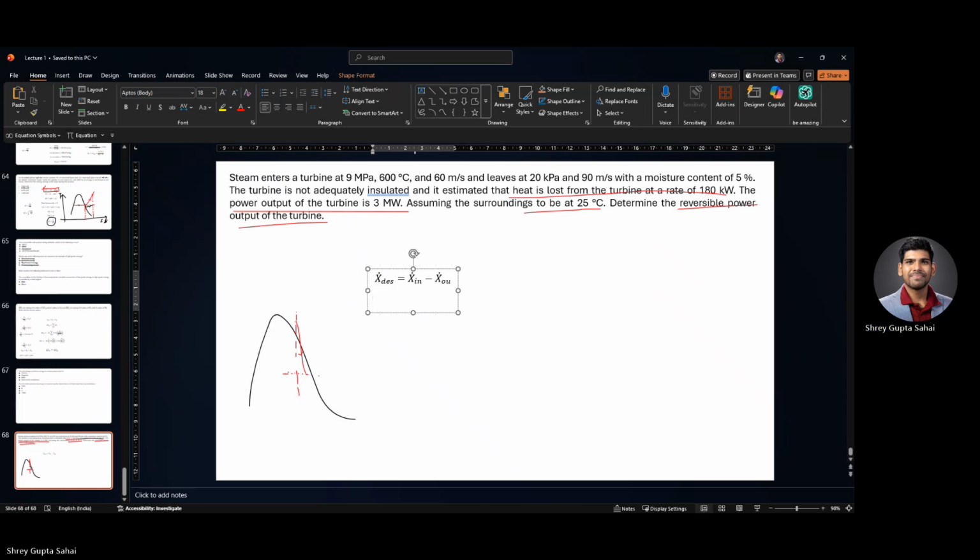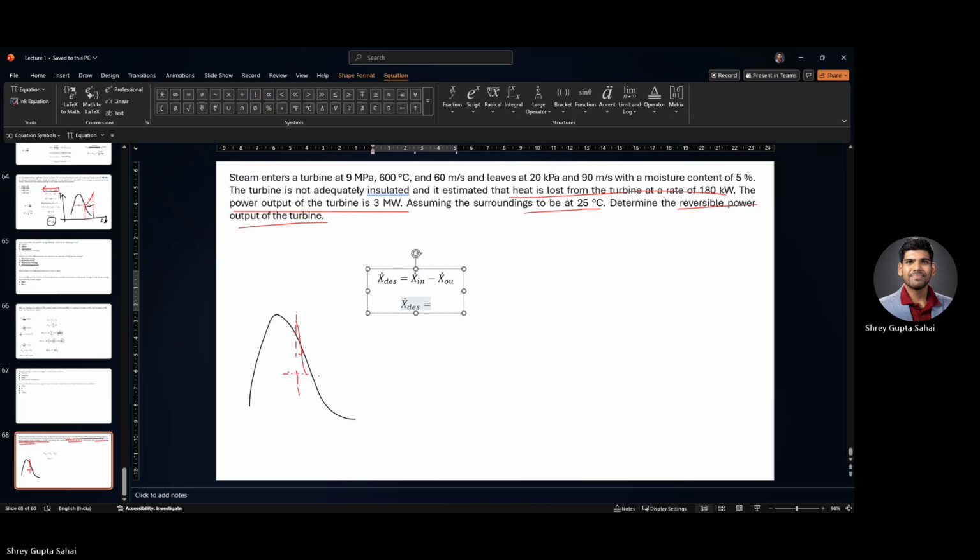So now, what is this? Okay. Then there will be some exergy of heat and work also.